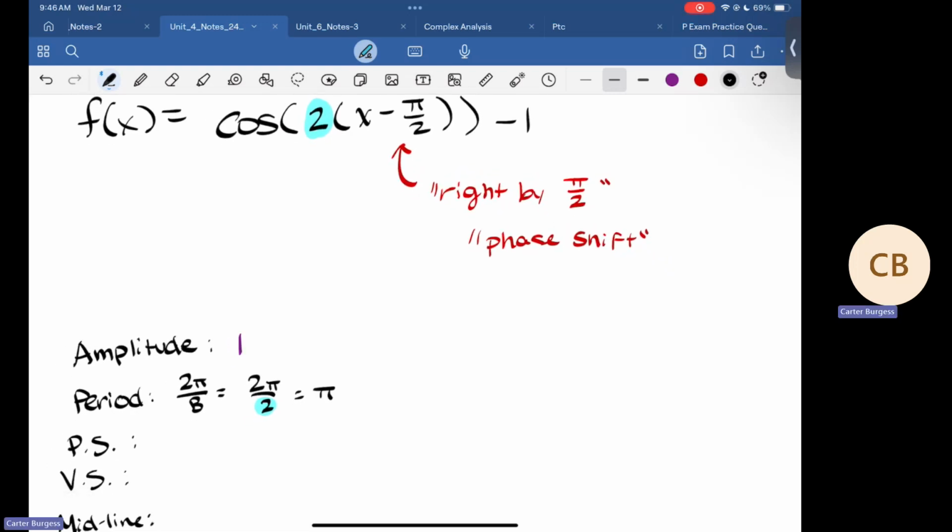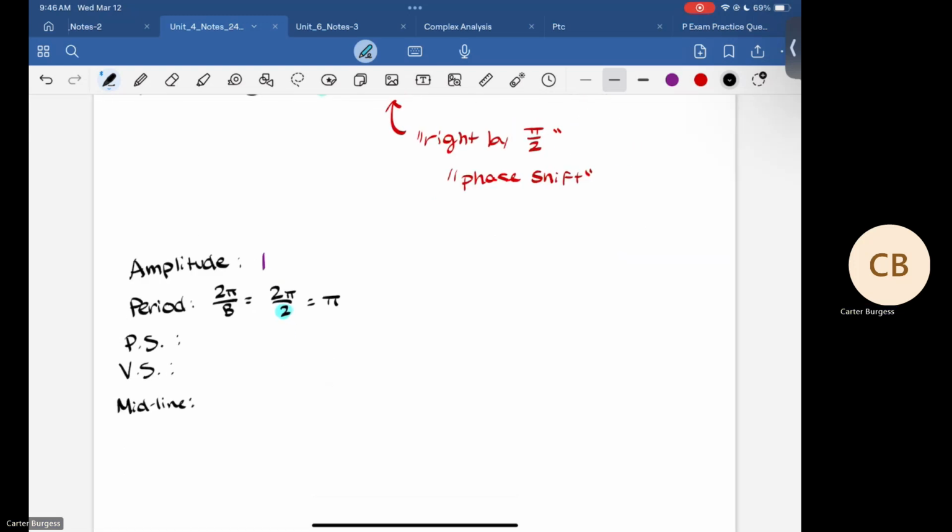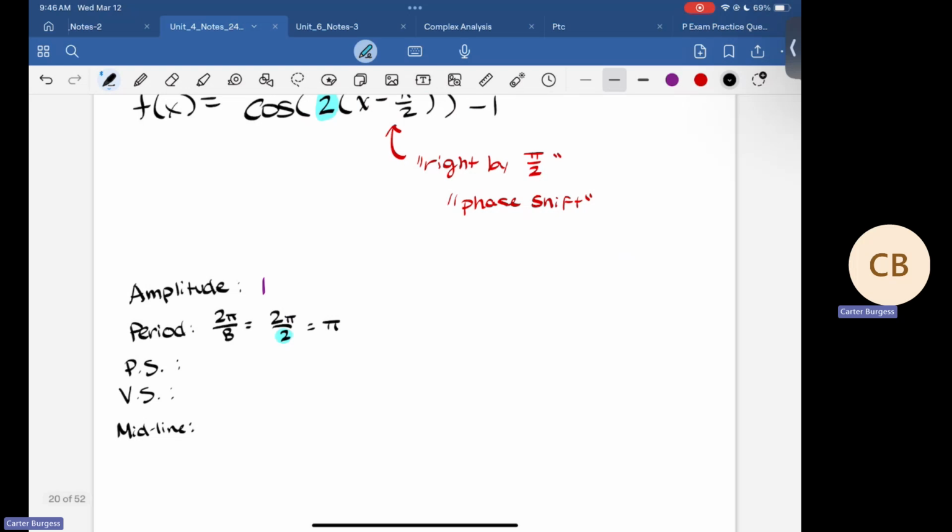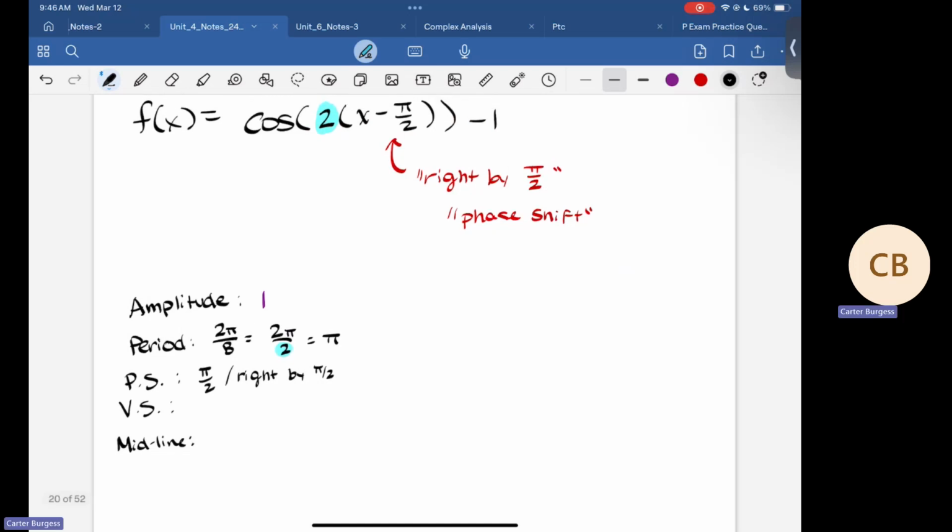Okay, what did we say our phase shift here was? Right by pi over 2. If you just said positive pi over 2, that's fine. You can also literally write out right by pi over 2. Either way is fine. What is our vertical shift? We are going down 1, and if our vertical shift is -1, then what is our midline going to be?